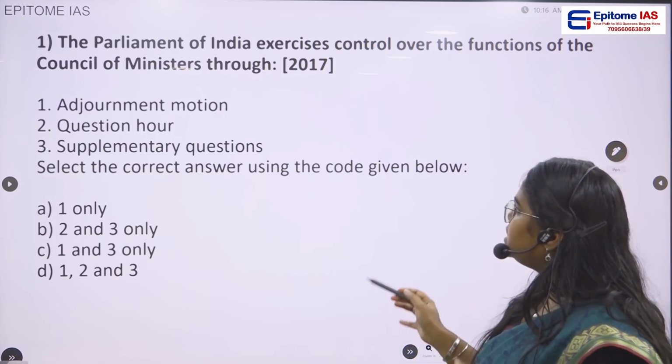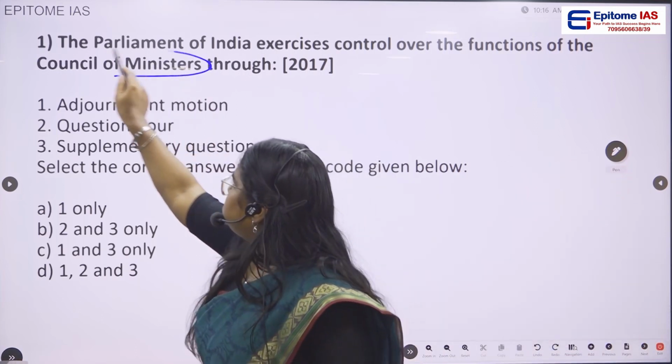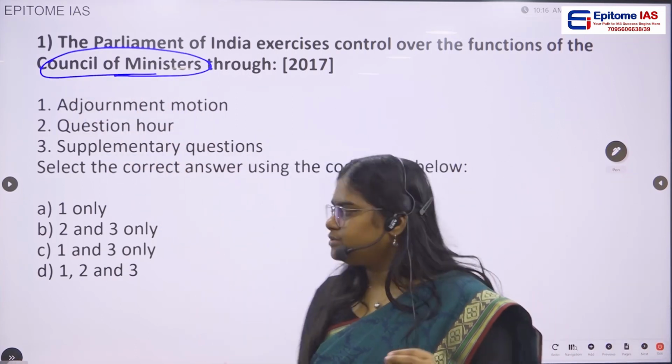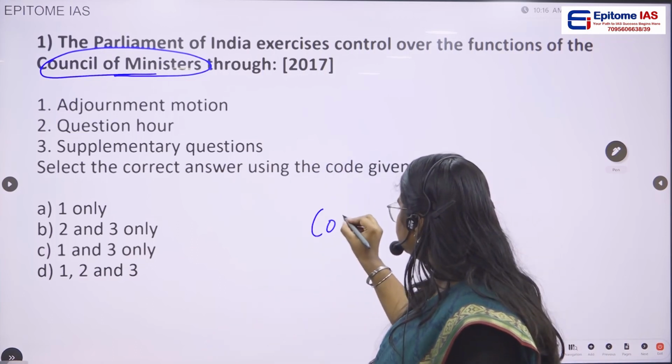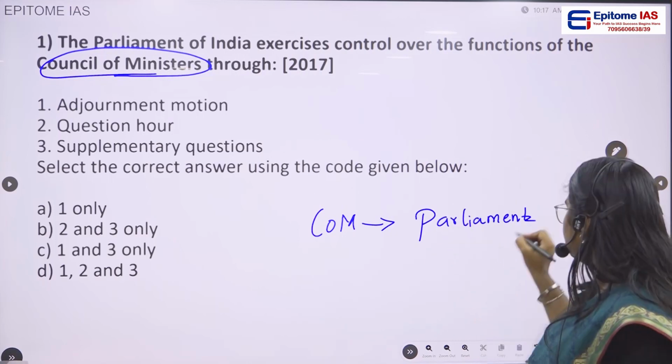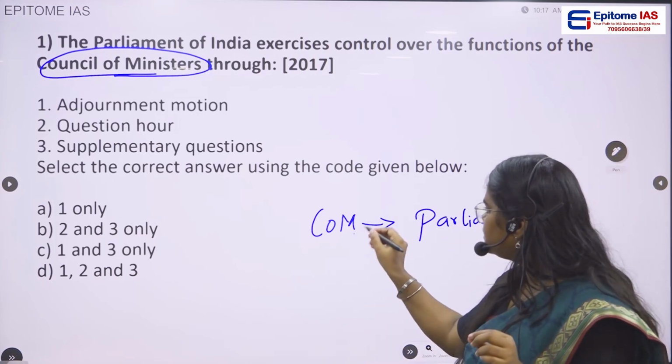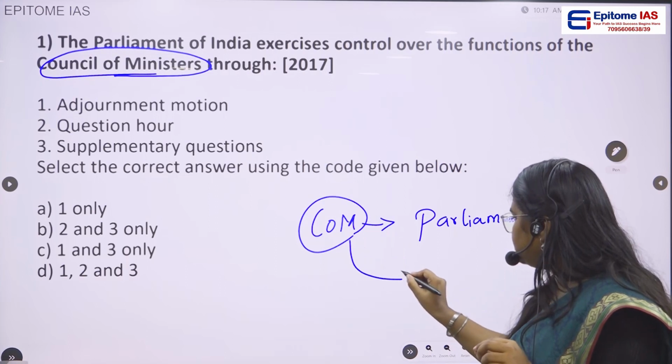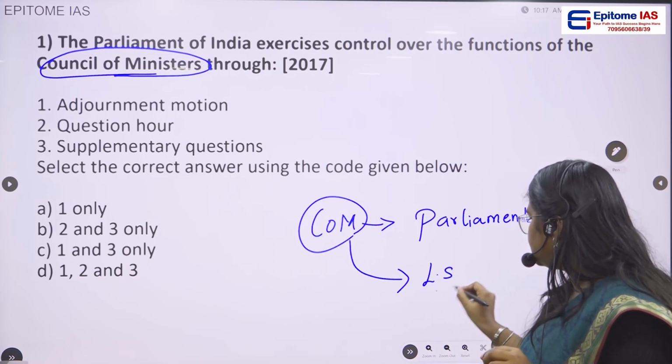So if you see here, what they are asking is the Council of Ministers, so we know that the Council of Ministers are collectively responsible to the Parliament. To be specific, they are actually responsible to the Lok Sabha.